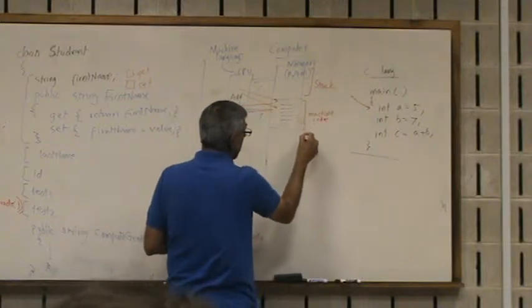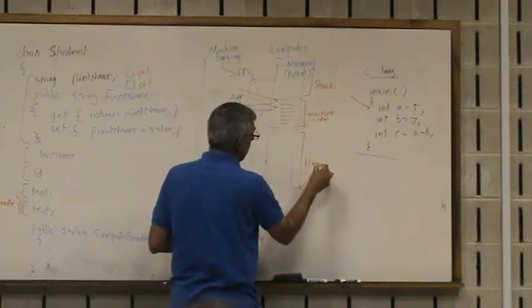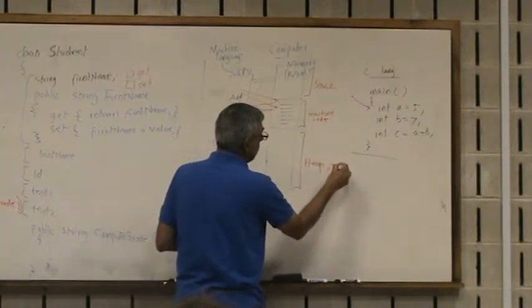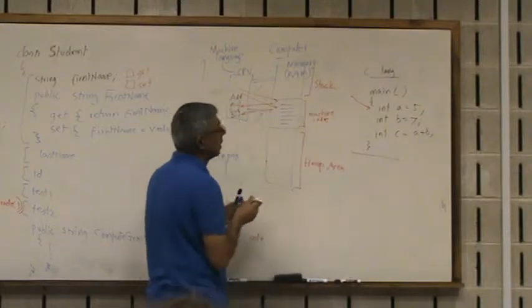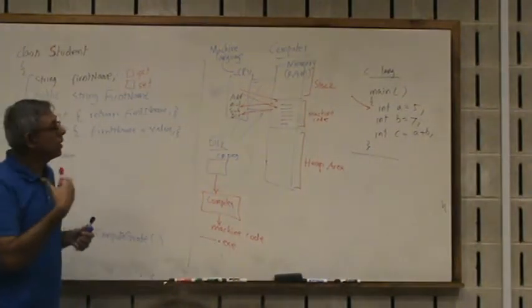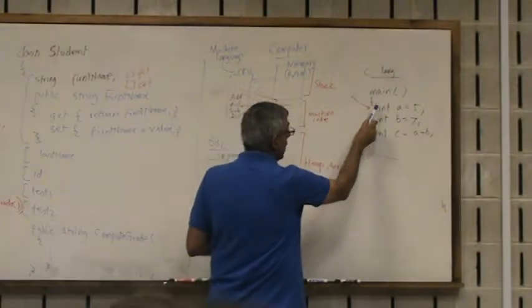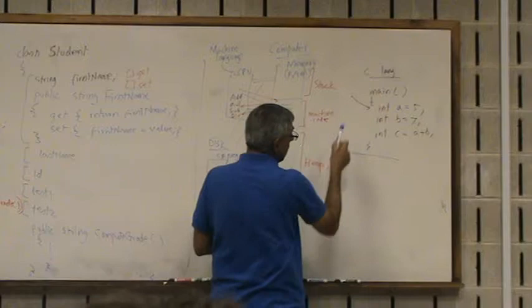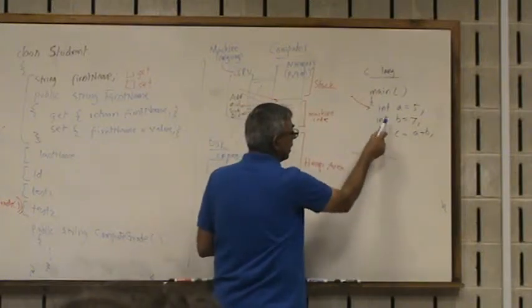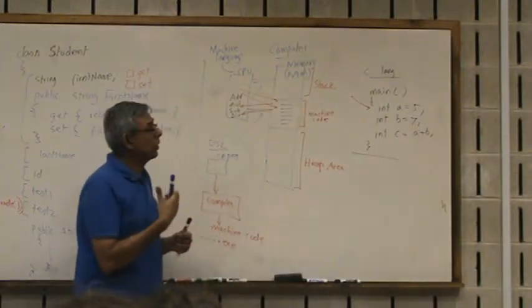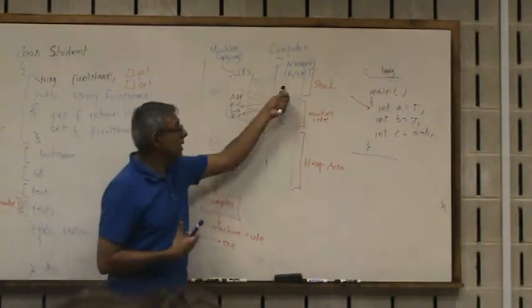One is called the stack area, and one is called the heap area. Both of these are used to allocate memory as our program executes. So anytime we call a function, including main, if we declare some variables, the memory for those comes from the stack area.